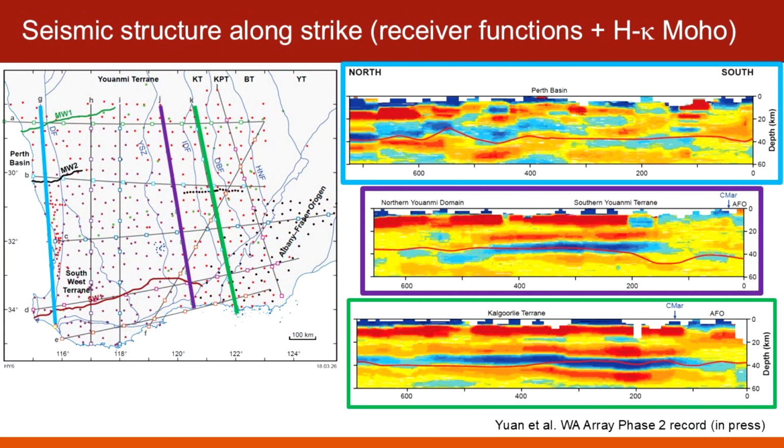So in a more detailed view, I've chosen three lines through the velocity model, the receiver functions and the H-kappa Moho.